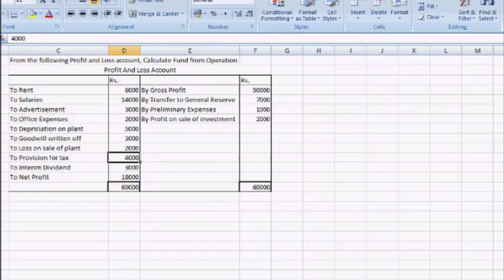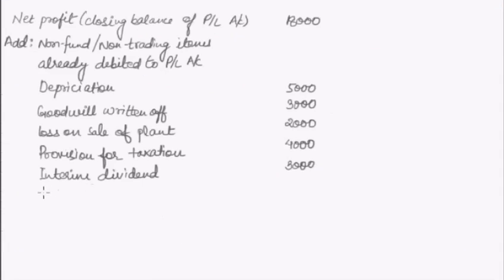Now we'll add preliminary expenses. As it is beyond gross profit, it is to be considered beyond the operating profit also.